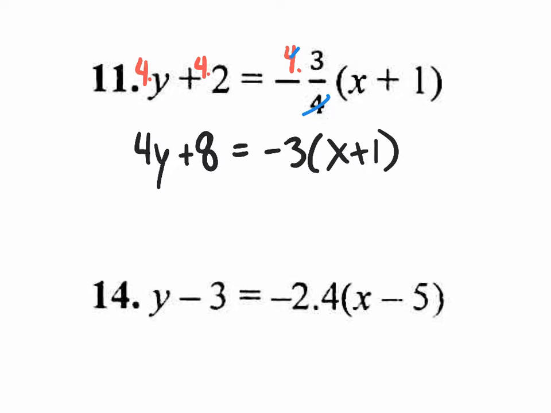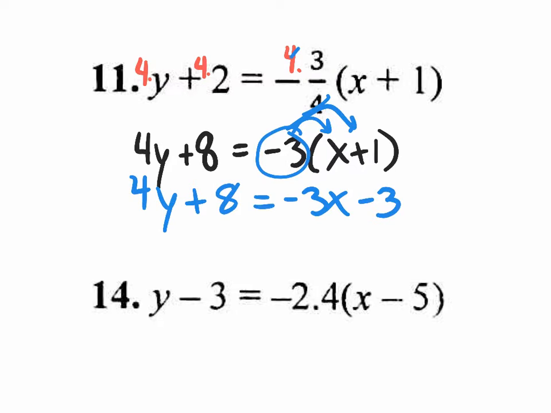Anyway, we want to change it to standard form. You don't want parentheses in standard form, so what would you do? Multiply everything by negative 3. Negative 3 times x, negative 3x. Negative 3 times 1 is negative 3. Let's rewrite everything. We have a 4y plus 8, an equal sign. And now for standard form, let's get the x's and the y's to the left side.